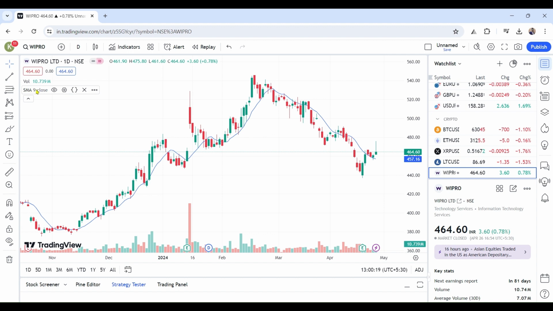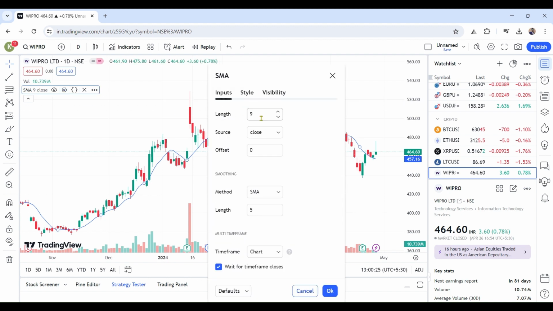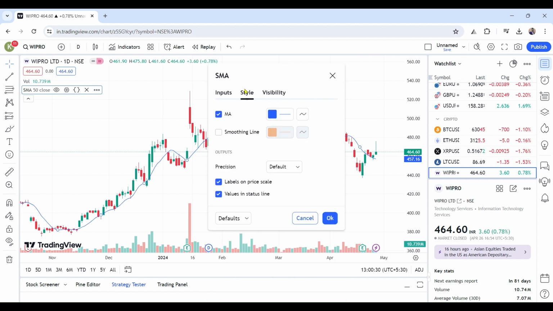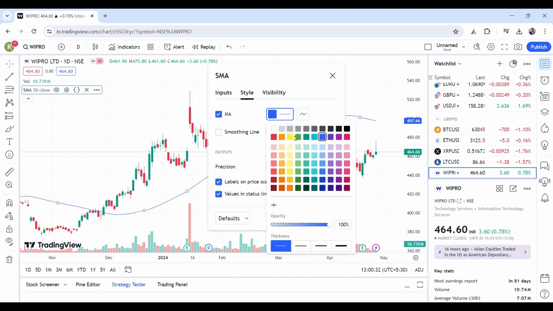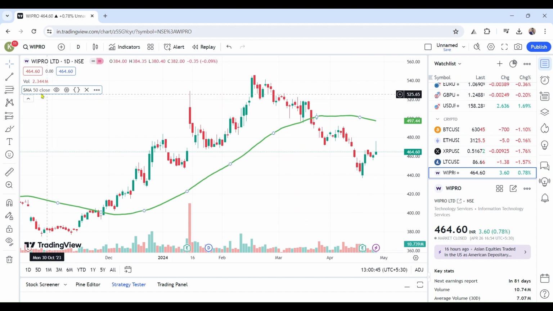This 9 is basically last 9 days moving average. So what I will do is I will change this to last 50 days. And I will also change the indicator color. I will change it to green, and I will also make the size a bit thicker. So that's it. This line what you are seeing is the 50 days moving average.